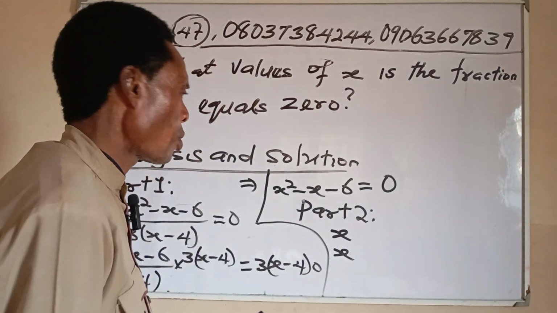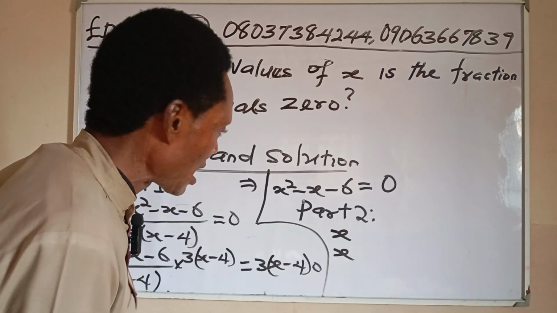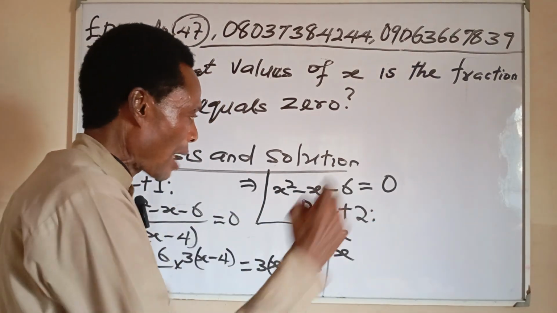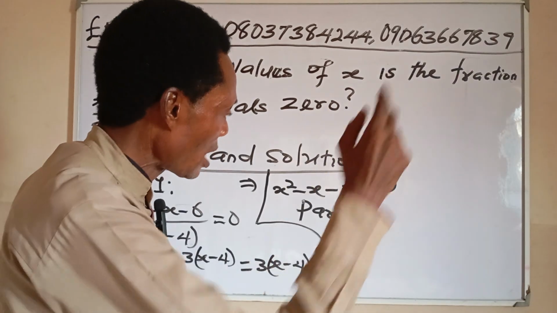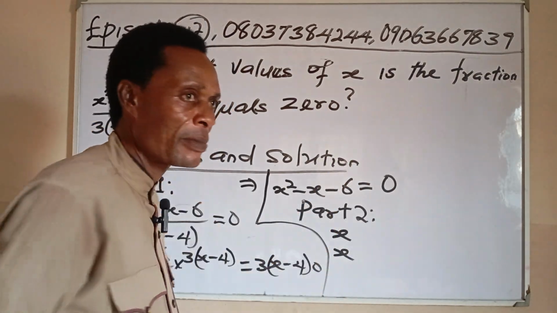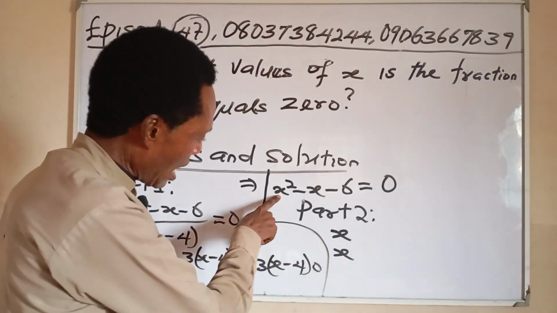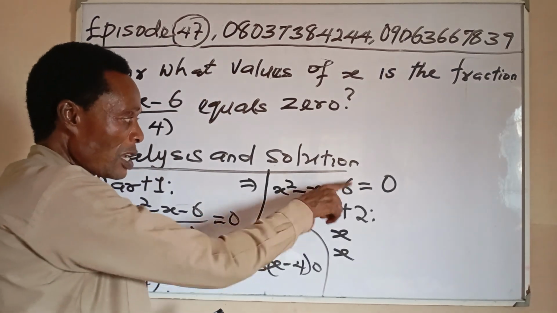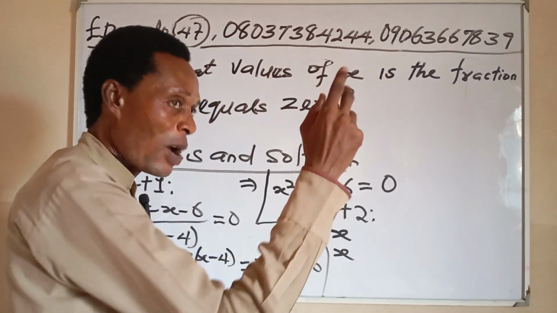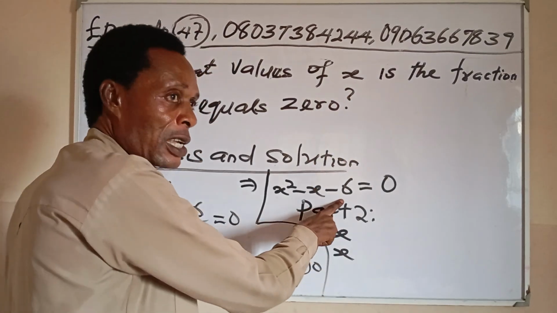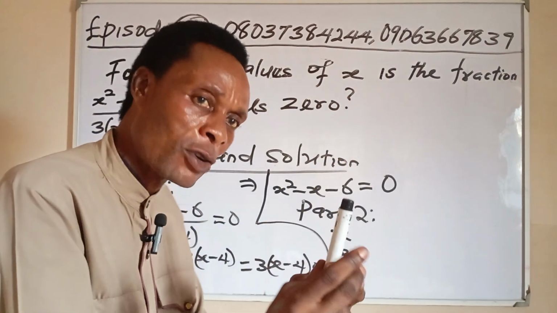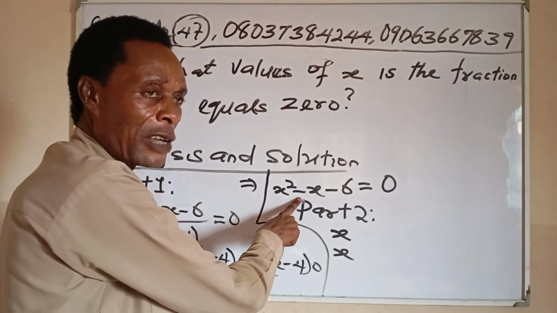Okay, so if you look at it, 6 and 1 are factors of 6, because we are looking for two possible factors that multiply to give the constant. Since the coefficient of s squared here is unity, you only need two possible factors. When you multiply them together, it will give you negative 6, and when you add them, it will give you negative 1.